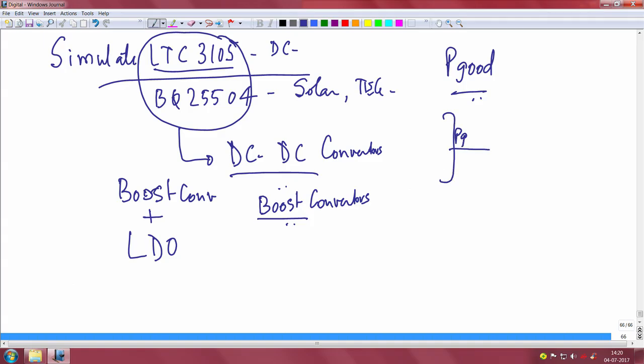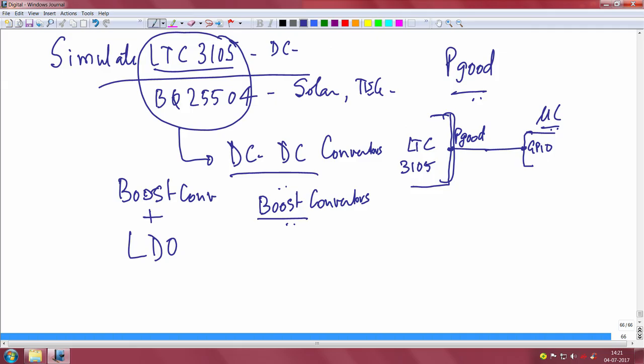This is the PGOOD coming from the LTC3105 and connected to the GPIO pin of a microcontroller, and you use this pin whenever it asserts to start additional operations. In fact, this is what we exploit in our bearing application as well. I did talk to you about this pin in the context of condition monitoring of bearings.